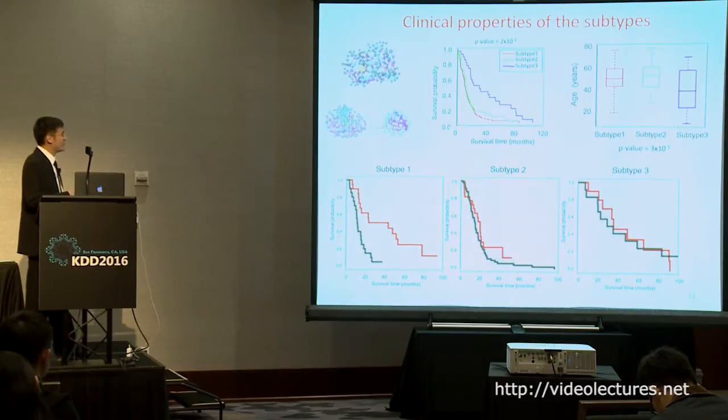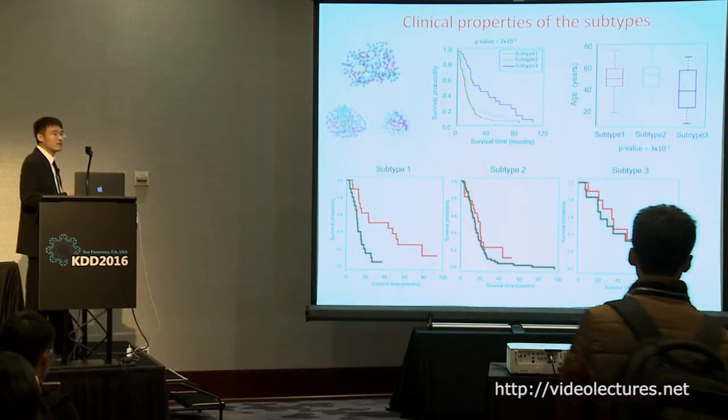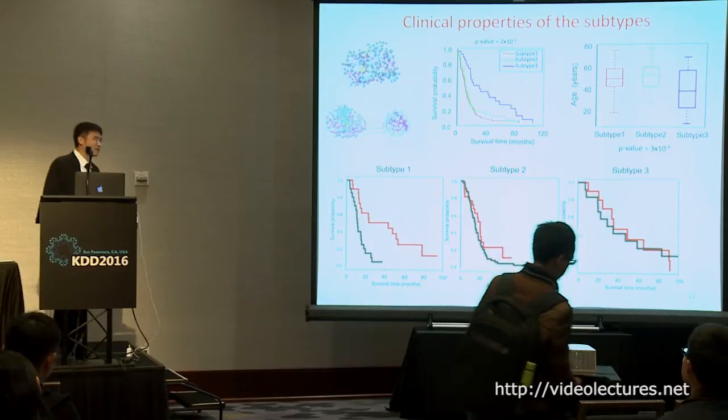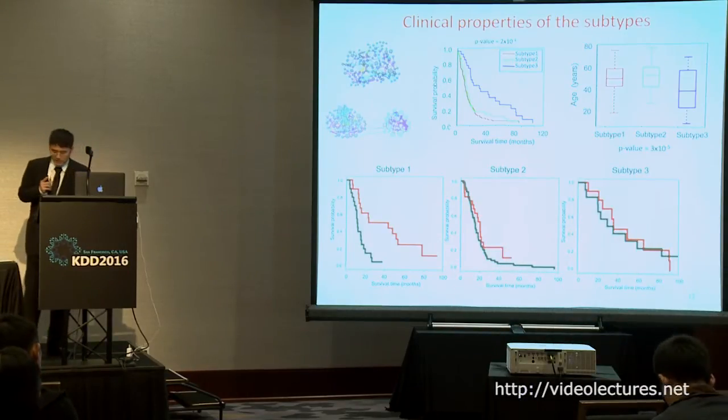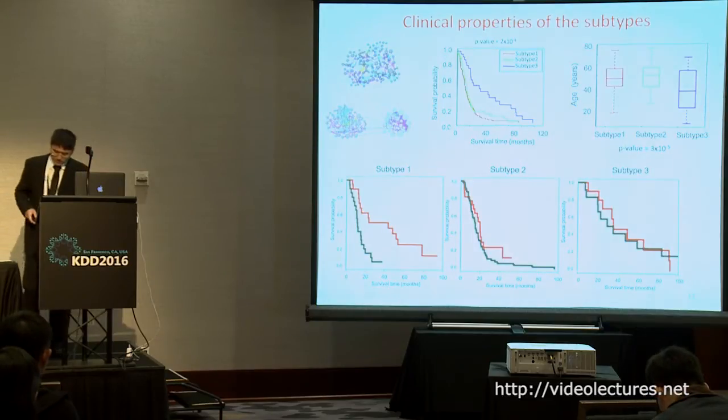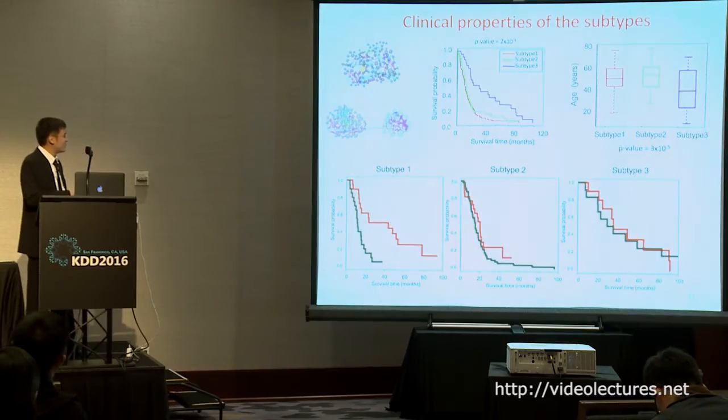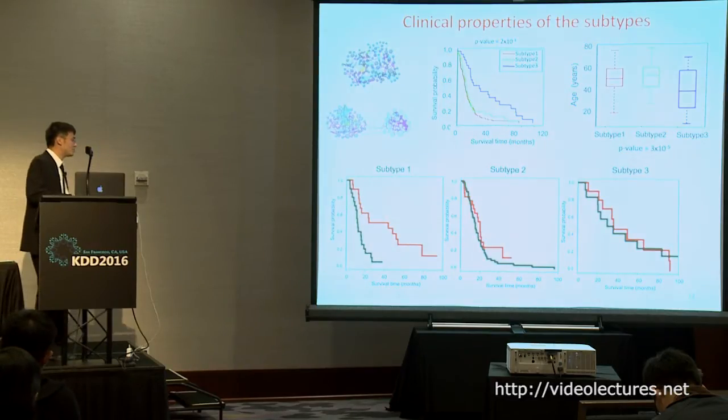And if we take a look at the treatment, for GBM, for this cancer, they have only one drug, called TMZ. The black curve shows the patients who do not take TMZ, and the red curve shows the patients who take TMZ, so we can compare the black curve and the red curve.